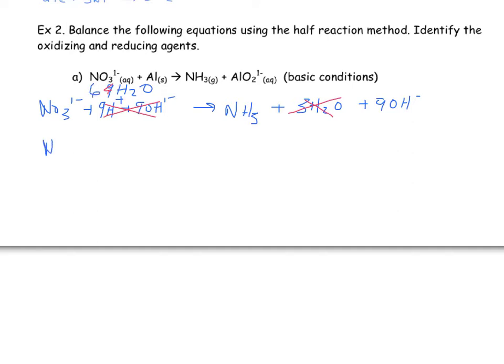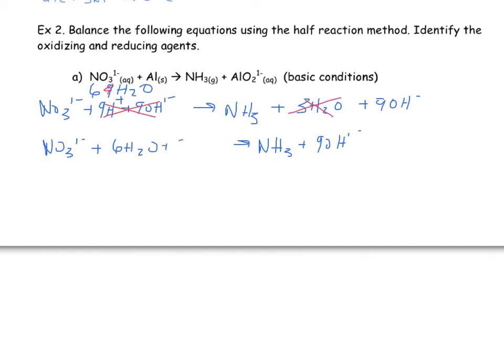Let's rewrite this equation so it's a little bit neater. In order to balance this with electrons, we have to check the charges. We have a 1 minus charge net on the left side and a 9 minus on the right side.